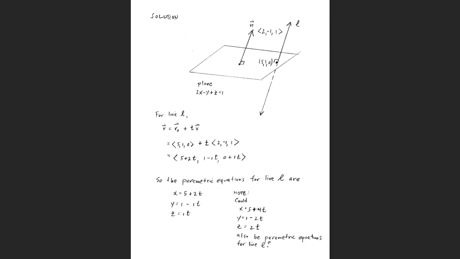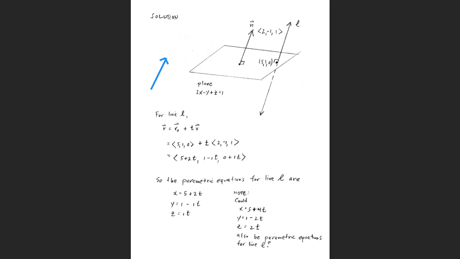Let's say this plane does not pass through the origin, but let's say that the origin were here.